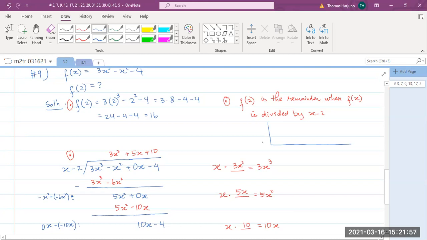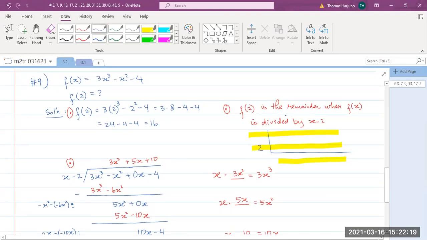I will write the 2 here. When you do synthetic division, you have 3 rows. This is the first row, the second row, and the third row. The first row inside the box will be the coefficients of the dividend: 3x cubed minus 1x squared plus 0x minus 4.